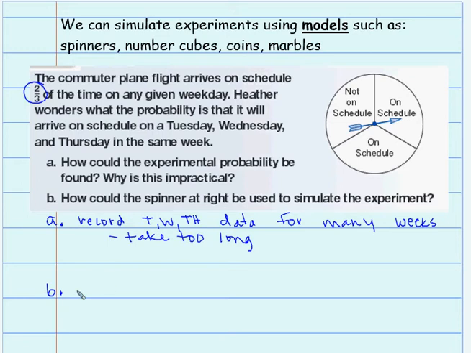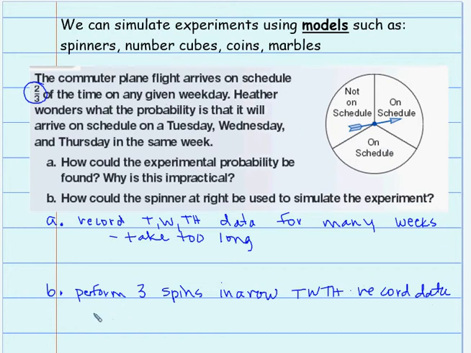Well, you're going to perform 3 spins in a row. That would simulate Tuesday, Wednesday, Thursday. And you're going to record that data. Okay, so that would tell you, did they all arrive on schedule?